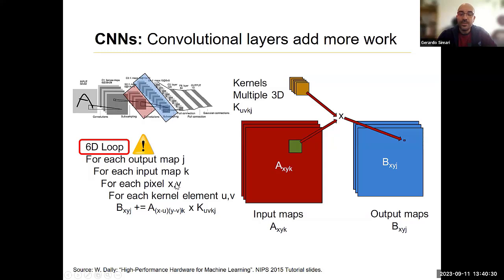This is for pairs of pixels, so this counts as 2. And this is another one for each pair of kernel elements U and V. So this is a six-dimensional nested for loop, which anybody who's done any programming can see is quite costly, right?